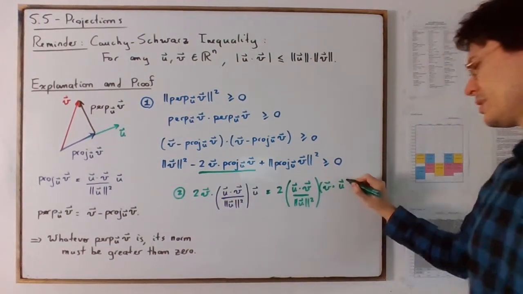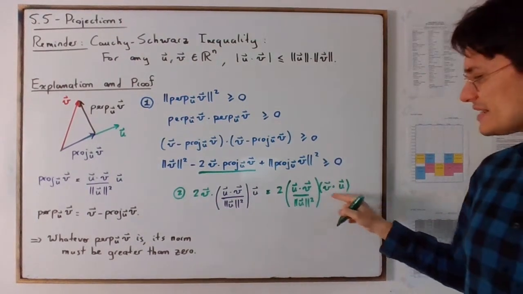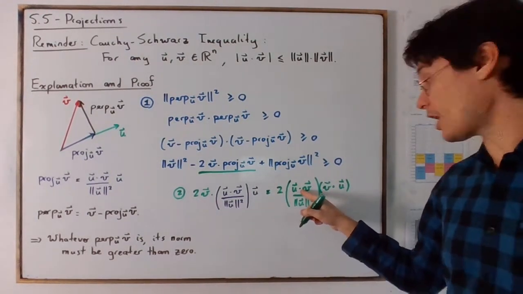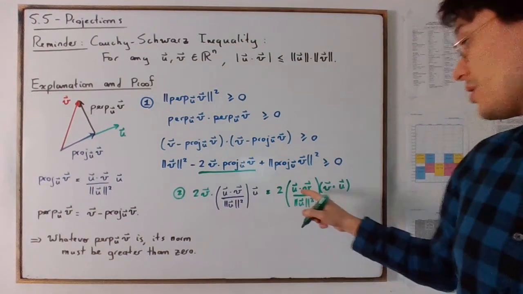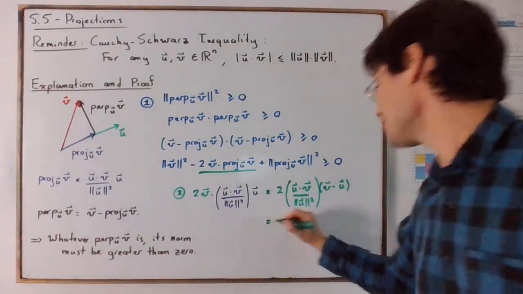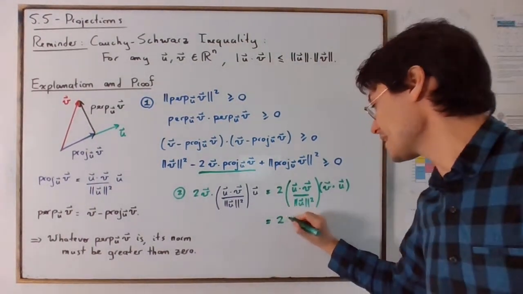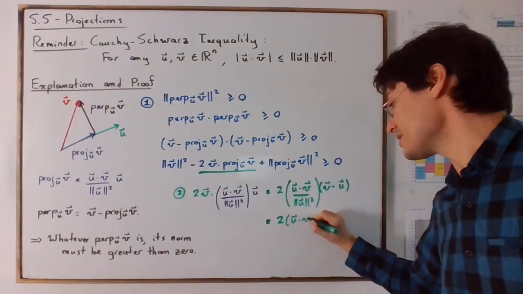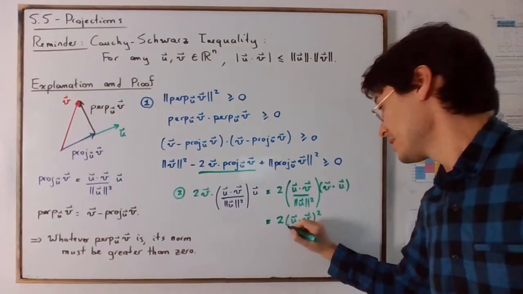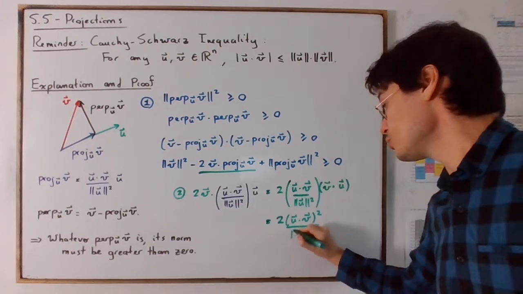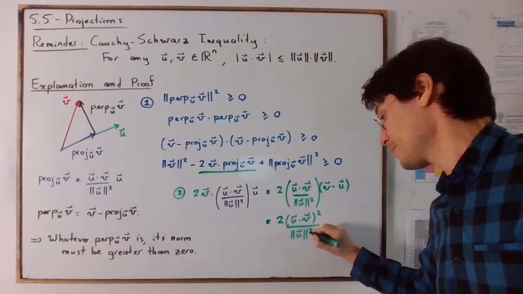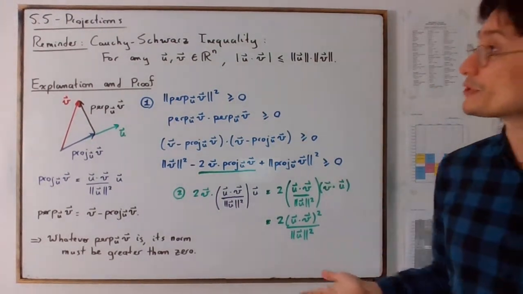Okay? And as you can see, this is the same calculation of u dot v, the one that is right here. So let's finally write the fully simplified form. We get twice u dot v squared divided by u squared. Okay, so this is number 2.